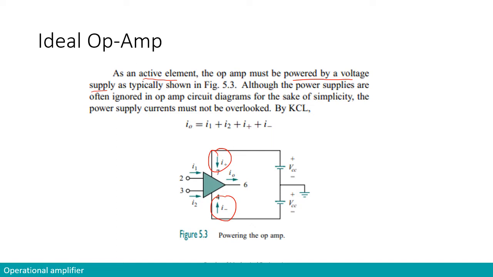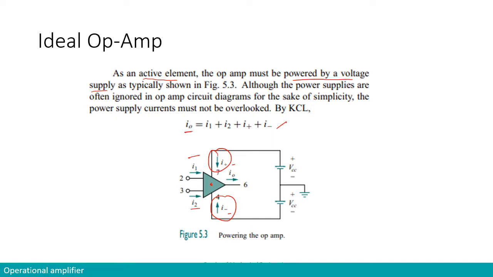If we look at a node inside, we rarely look at it in solving problems, but if we really look at the details, the currents are usually very small. I output, at terminal number 6, is equal to I1 plus I2 plus I plus minus I minus.